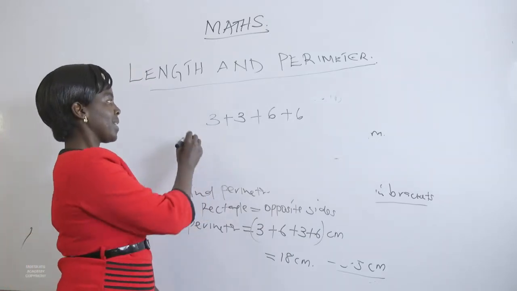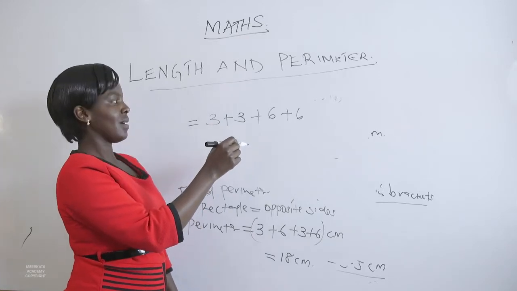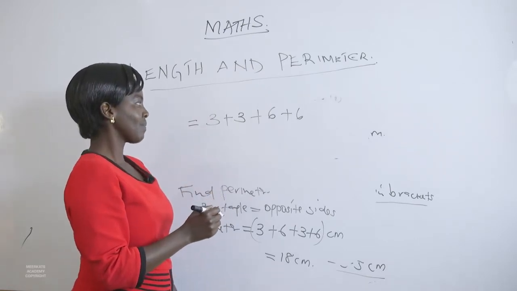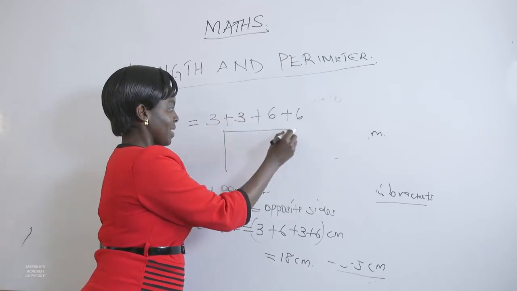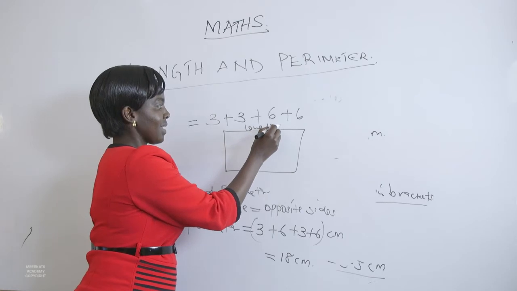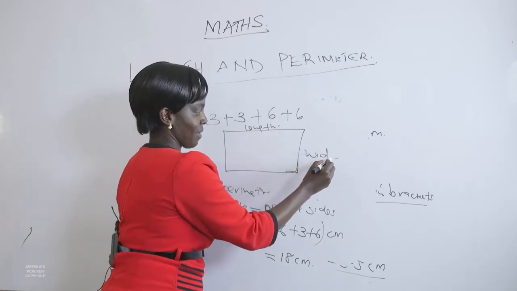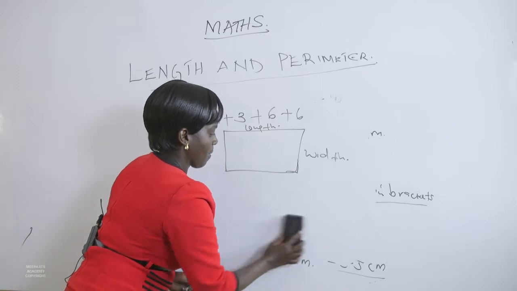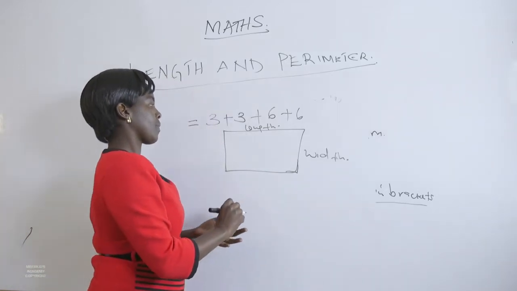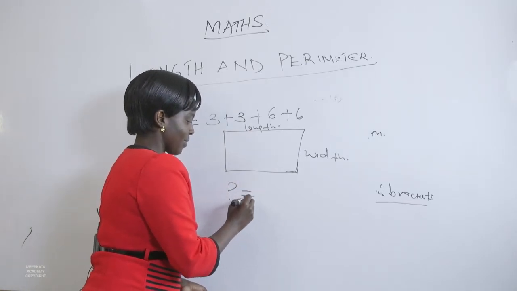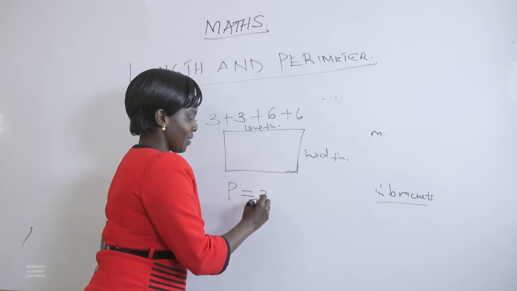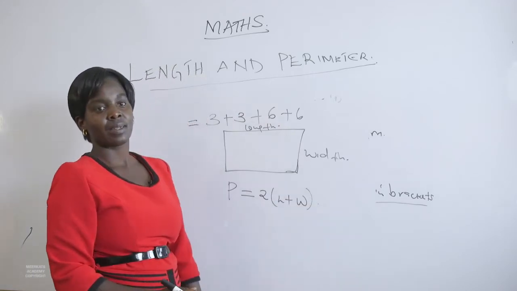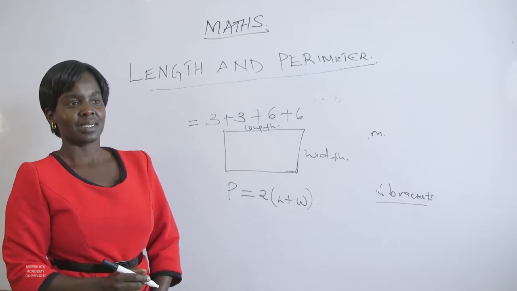So we are saying, instead of repeating 3, 3, 6, 6, for you to be able to get the perimeter of the rectangle, you can say, because in the rectangle this one is normally referred to as the length, and this side is referred to as the width, the perimeter of a rectangle is given by 2 into length plus width.